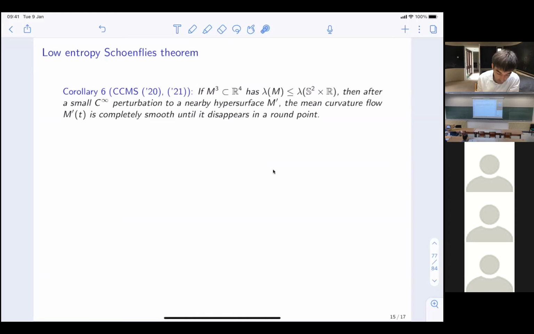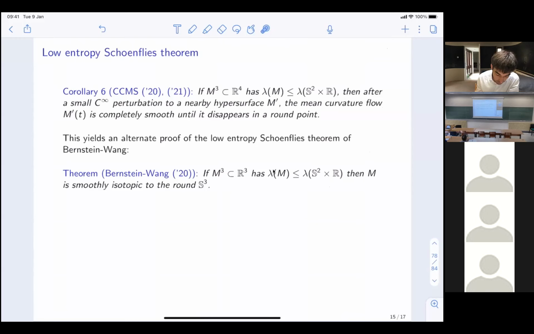That's not yet known. So there could be shrinkers in between the sphere and the cylinder. But we can prove that we can do a small perturbation so that the flow remains completely smooth until it contracts to a point. And this gives an alternative proof of this result of Bernstein and Wang, that you get this low entropy Schoenflies theorem.